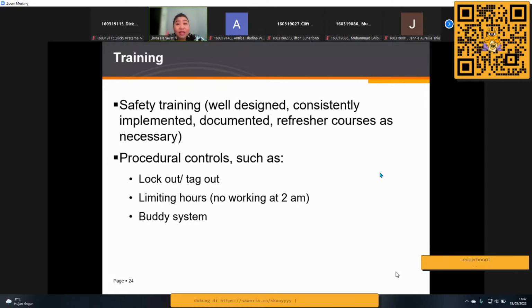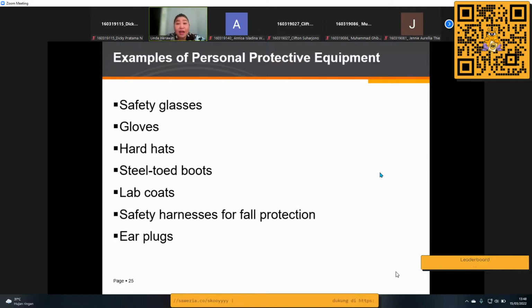You are not only checking by yourself, but you ask your friend to come with you to make sure that the buddy also knows and understands that you have created a good and safe area. So this is the buddy system that is usually used in the factory to have the evidence of running good procedural controls to make it safer for all the workers in the hazardous area.